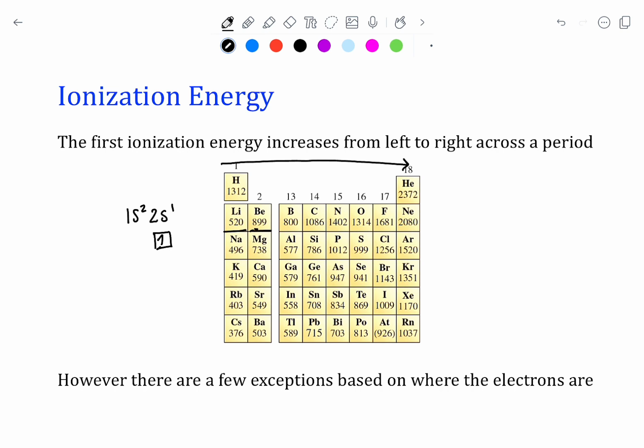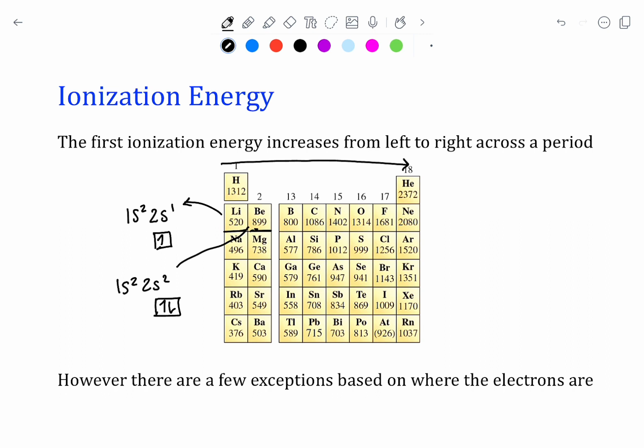If we go to beryllium, that's much higher. That's 1s2, 2s2. Now I have 2 electrons, and now they're paired up, and remember, electrons would rather be paired. It's a lot harder to take off one of those electrons now that they're paired up and spinning oppositely.